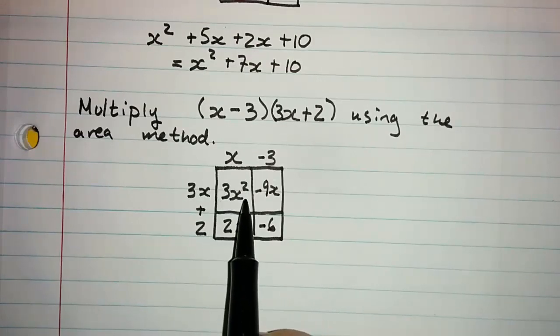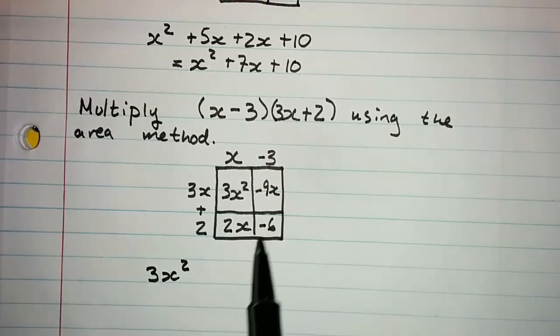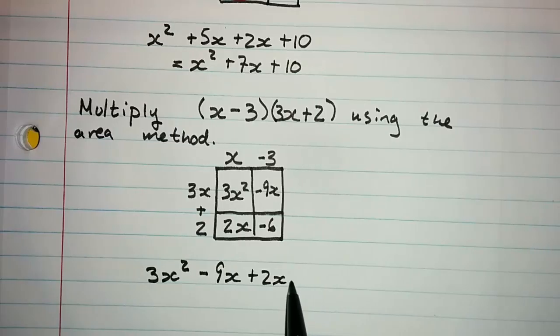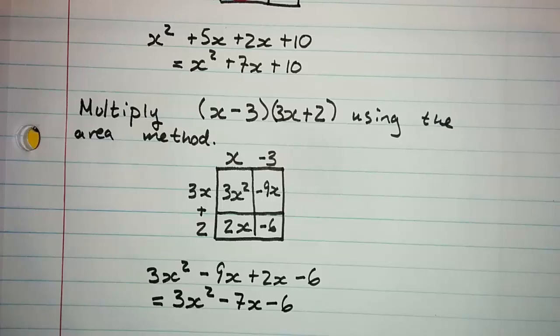So now we write down our 3x squared minus 9x plus 2x minus 6, or combining like terms, 3x squared minus 7x minus 6 is our product.